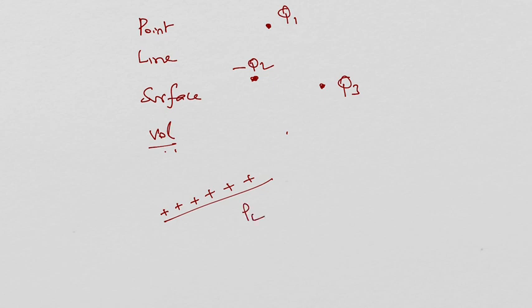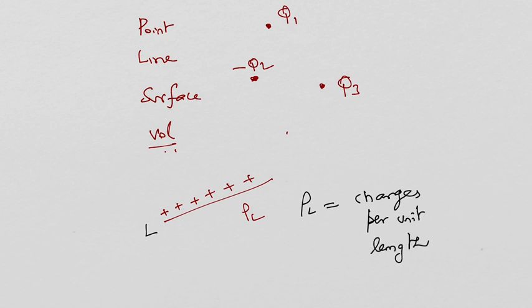If this is a straight line or an arbitrary line, the charge density in the line charge is denoted as rho L. It is charge per unit length, estimated as total charge in coulombs divided by total length. Rho L, the line charge density, has units of coulomb per meter.